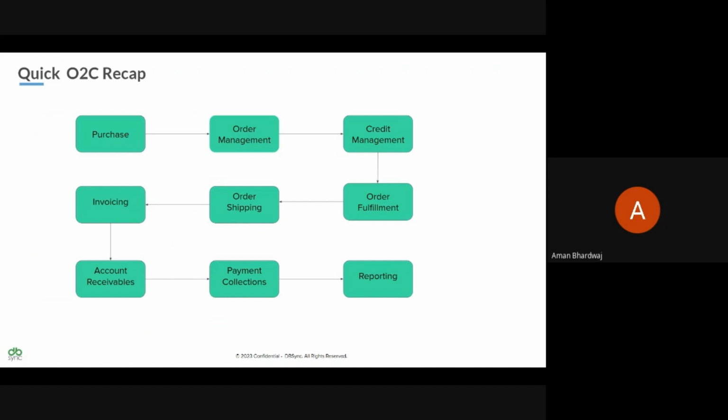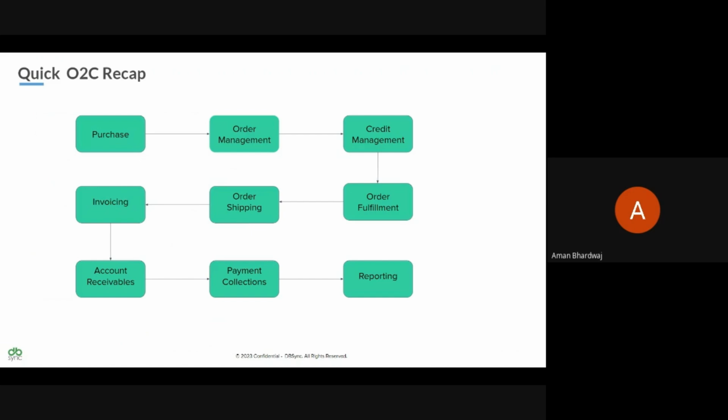What is the credit history of this particular customer? Do I need to take some approvals? How has the payment history of this particular customer been? And all of those scenarios. So it typically goes through the scenario of purchase to order management to credit management. And then you probably want to fulfill that order. That order goes back to your warehouse where the product would probably be shipped, and an invoice would be generated.